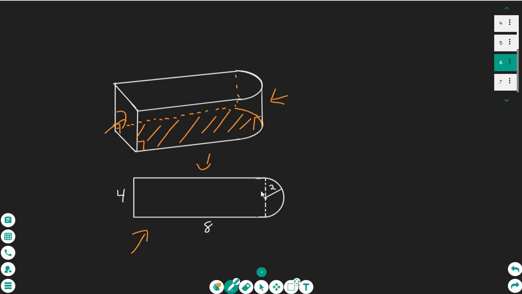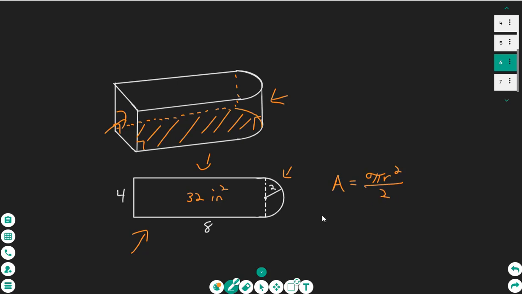And to do so, we have to combine what we know about circles and rectangles. So the area of the rectangle is going to be 4 times 8, right? Which is 32. We'll just say this is inches. So we have 32 inches squared for the rectangle. But now we've got this semicircle right here. So what's the area for a circle? Well, it's pi r squared. And we've talked about this before. If it's a semicircle, what do we do?